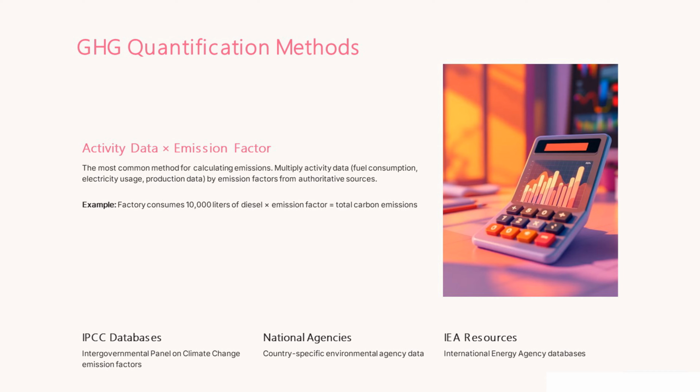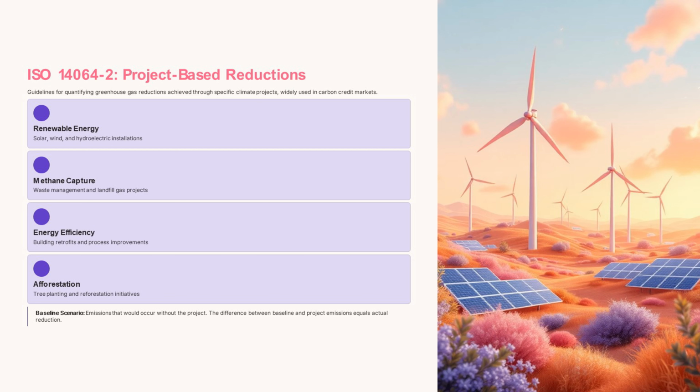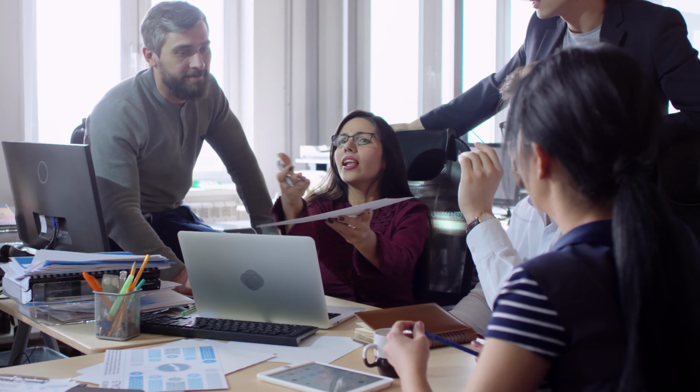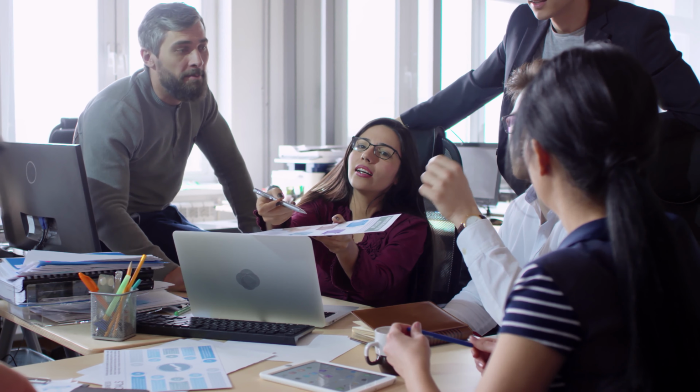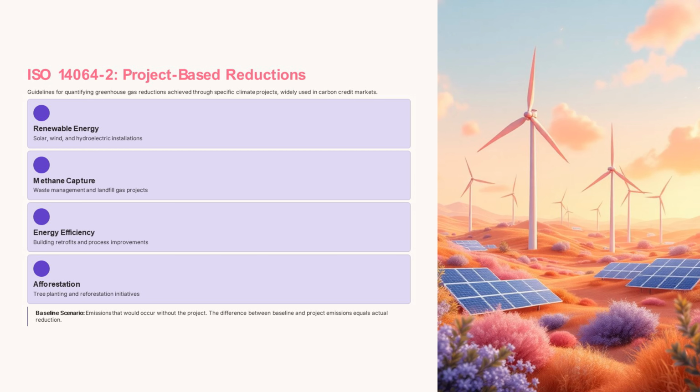ISO 14064 Part 2, Project-based emission reduction. While ISO 14064-1 focuses on the organization, ISO 14064 Part 2 focuses on projects. This standard provides guidelines for quantifying greenhouse gas reductions achieved through specific climate projects. For example, such projects may include renewable energy installation, waste methane capture projects, energy efficiency improvement, afforestation and reforestation projects.